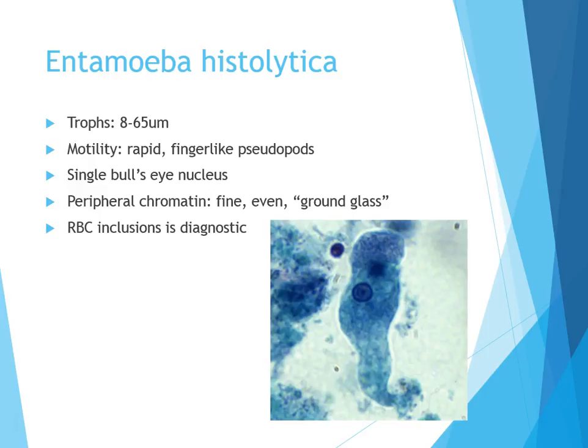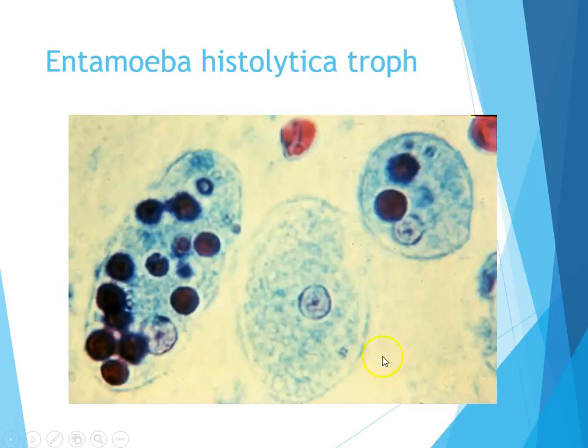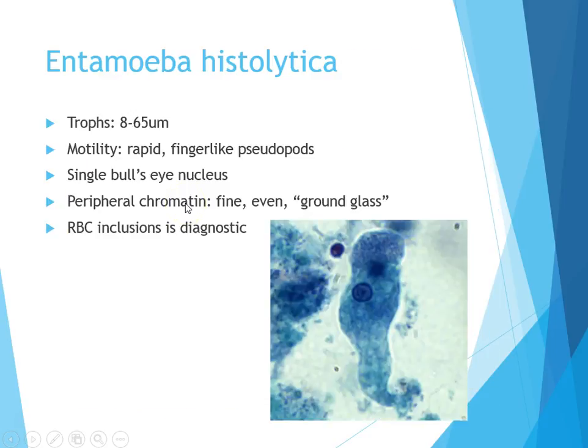The trophs are 8 to 65, so they can be rather big, and that's usually due to their pseudopod. They have rapid motility and finger-like pseudopods, and that's what this is. They don't always have these. Like this, this is a troph, and it doesn't even look like it has a pseudopod, so they don't all have finger-likes.